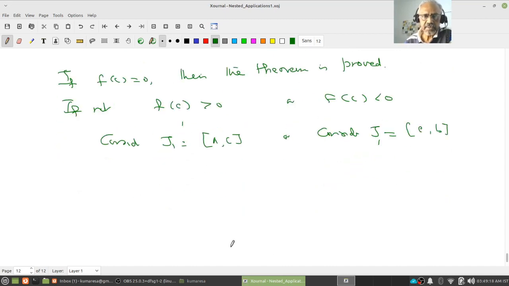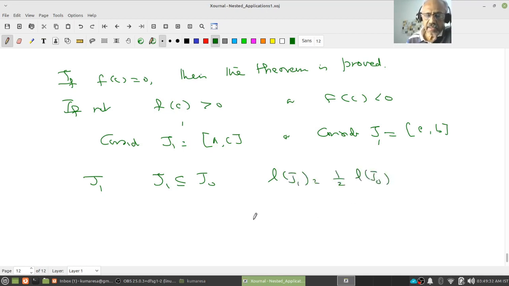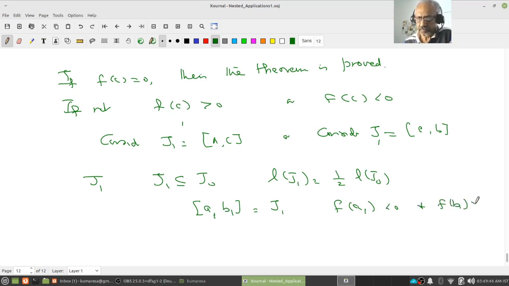You understood? Therefore, what I have done? We have found an interval J1 such that J1 is contained in J0 and the length of J1 is half the length of J0. If I call J1 as [a1, b1], then f(a1) is negative and f(b1) is positive.